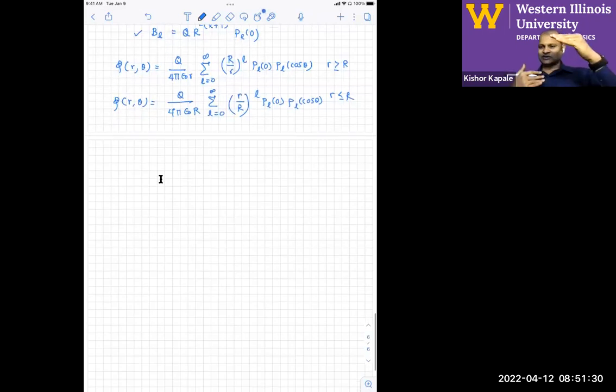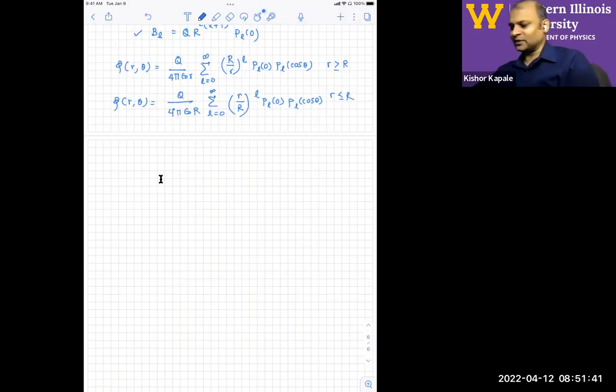Okay, and then both of these expressions need to match at r equal to R, right? Because potential is continuous. Everybody with me so far? Does that make sense? So we looked at 3 different examples where you are using this expansion, and we are doing this so far even without the methods for solving partial differential equations in 3 variables or 3D spherical coordinates.